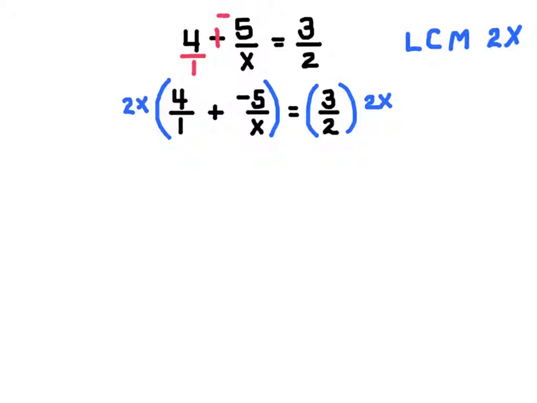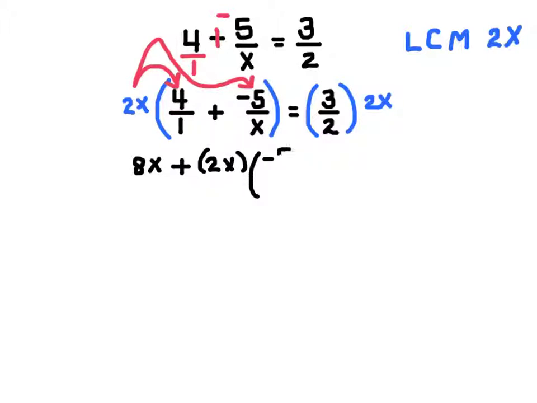So on the left-hand side, if we distribute 2x to our first term, we have 2x times 4, which is 8x. And when we distribute the 2x to the second term, negative 5 over x, we get 2x times a negative 5 over x.